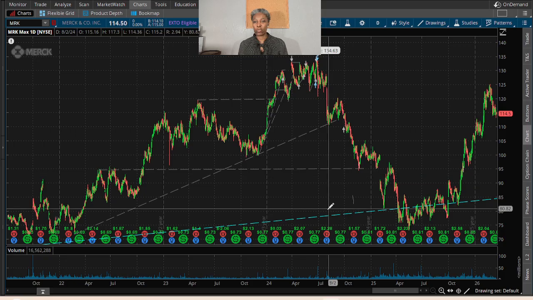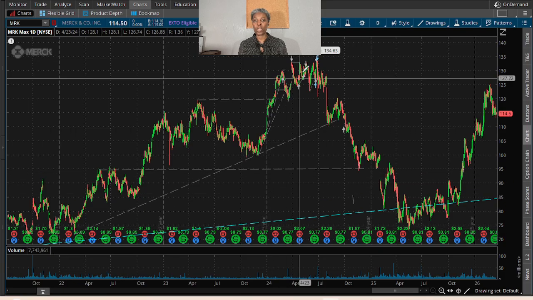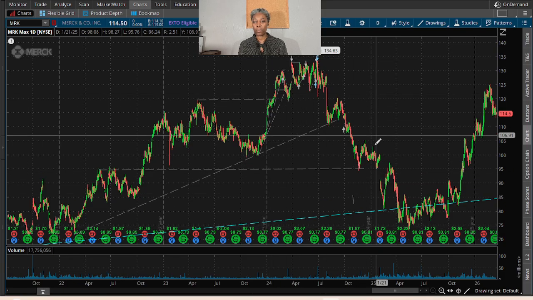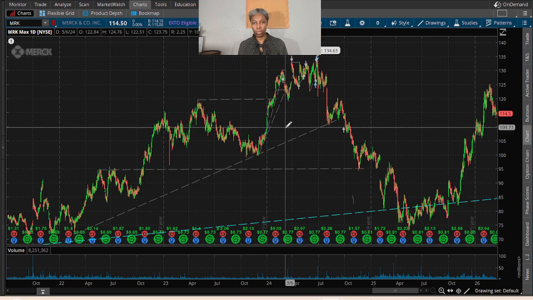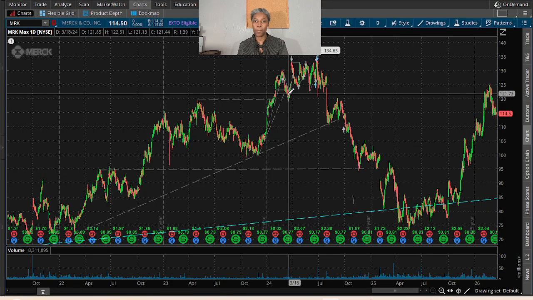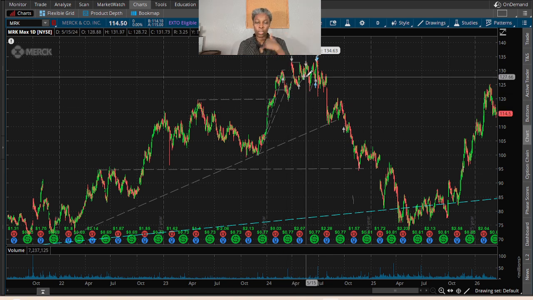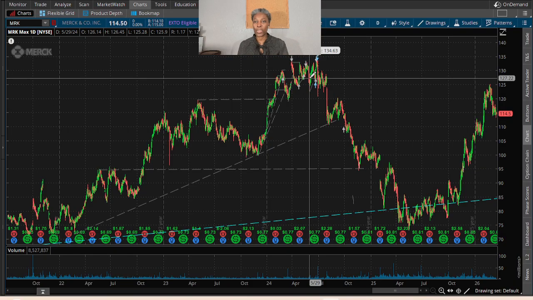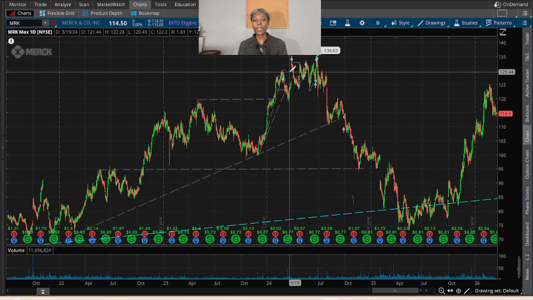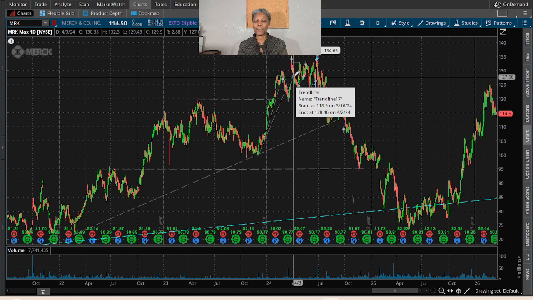That was in 2024, when we followed the chart and bought along the zig side of the zigzag, or along the upswing side of the chart.